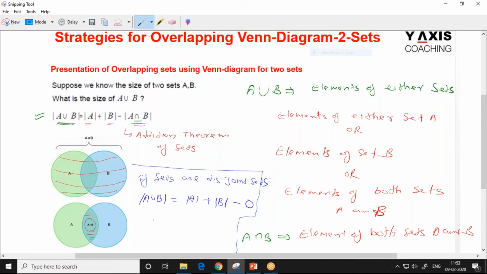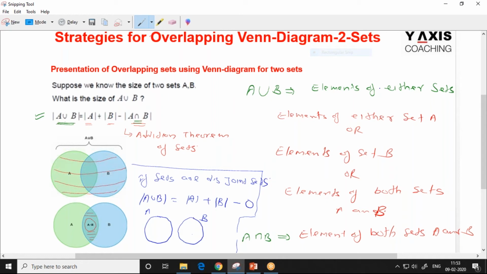And how does the Venn diagram look then? This could be set A, and set B is another which is disjoint. There is nothing common between them, so we can present the sets like this. So this is overlapping sets for two sets. Condition one, they are overlapping, meaning there is something common, and in the second case they are not overlapping, meaning they are disjoint sets, right?